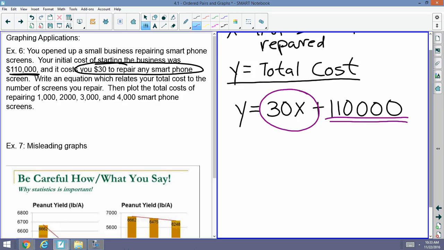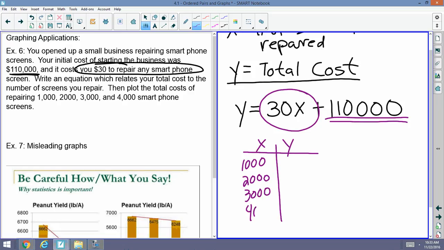So I'm going to make a table. My X and my Y. My X in this case, they're telling me what to use. I want to find the Y when X is 1,000, when X is 2,000, when X is 3,000, and when X is 4,000. So what is my total cost of repairing 1,000 phones?